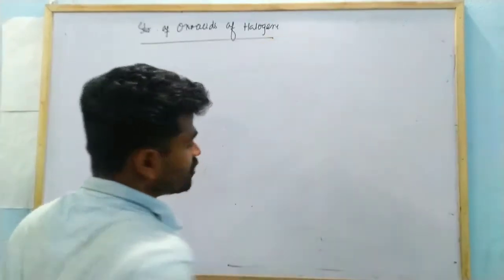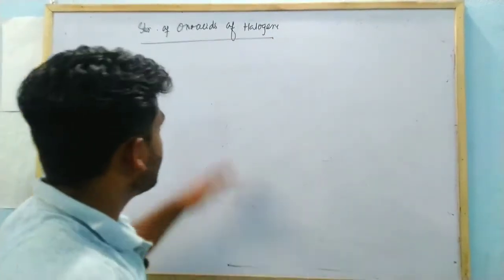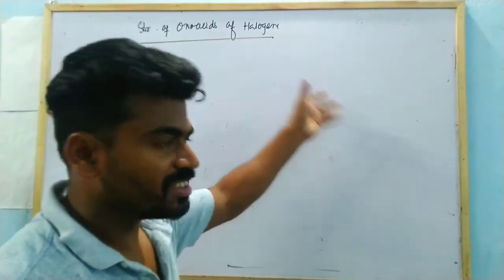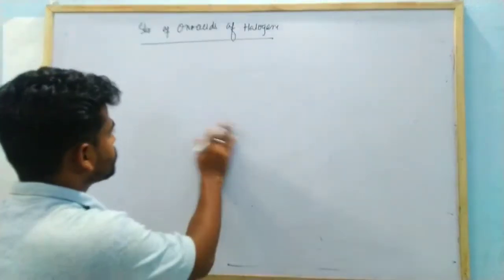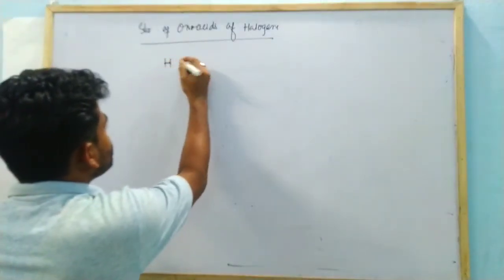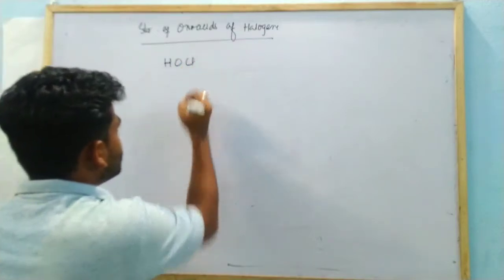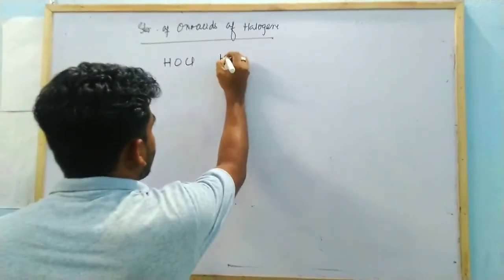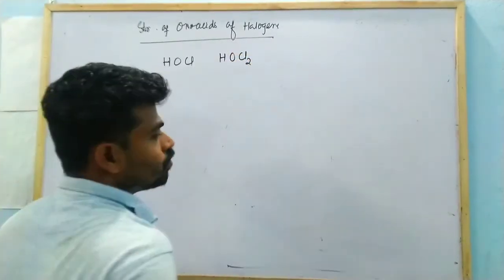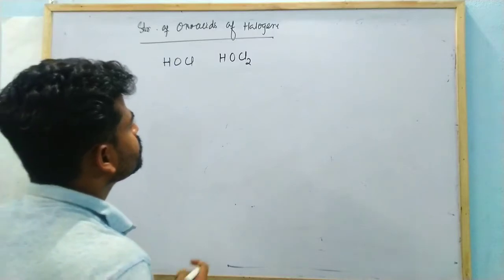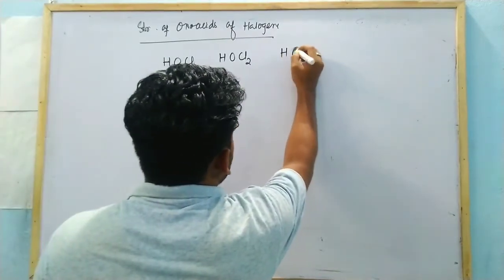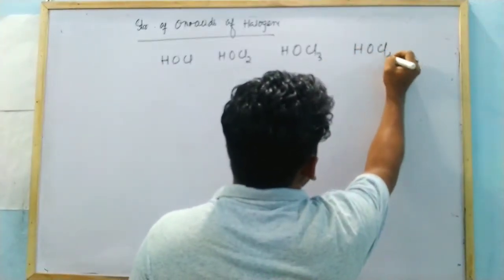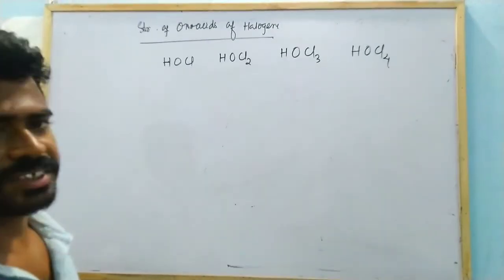Halogens combine with oxygen to form several compounds like HOCl, HOClO, HOClO2, HOClO3, that is HClO, HClO2, HClO3, HClO4, which is called perchloric acid.